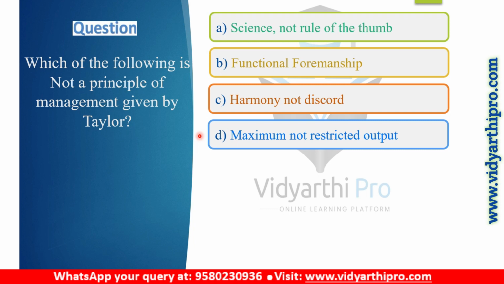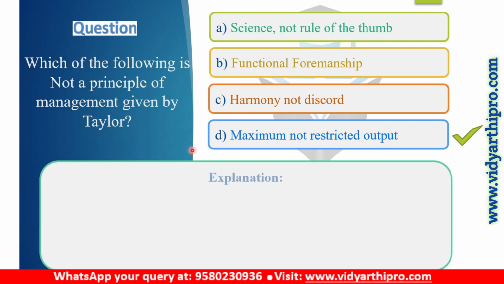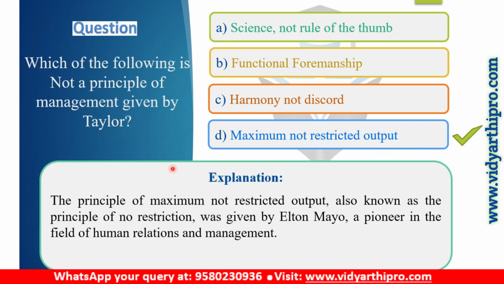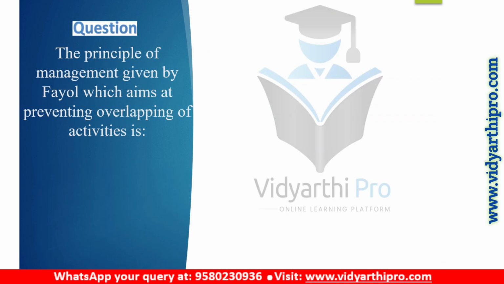And the correct answer for this question is option number D, maximum not restricted output. Because जो एक principle होता है of maximum not restricted output, also known as the principle of no restriction, was given by Elton Mayo, a pioneer in the field of human relations and management. और बाकी जो तीन principles दिए गए हैं, these all are given by F.W.